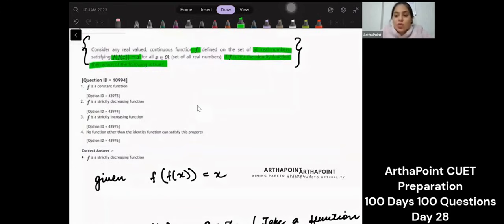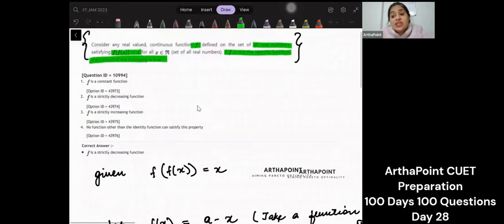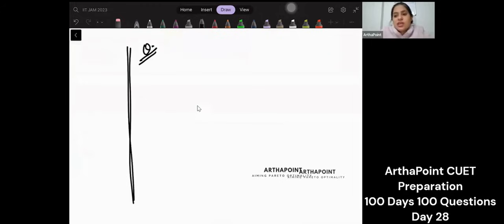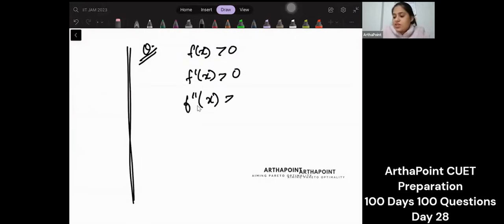In these cases, you have to go ahead and assume some function. If you don't assume some function, it will become very difficult to solve. Just say, for example, there is a question that says your function f of x is greater than 0, f dash x is greater than 0, f double dash x is greater than 0, then find something.